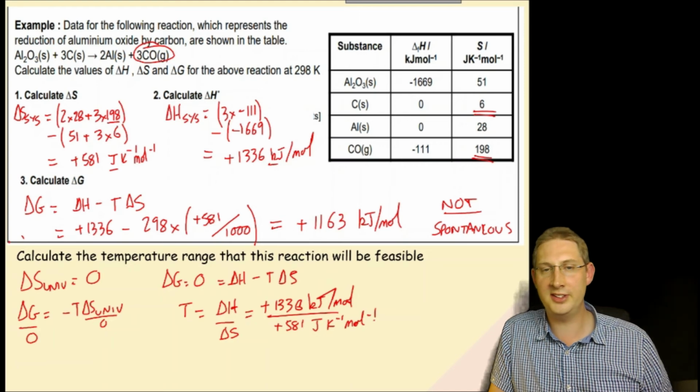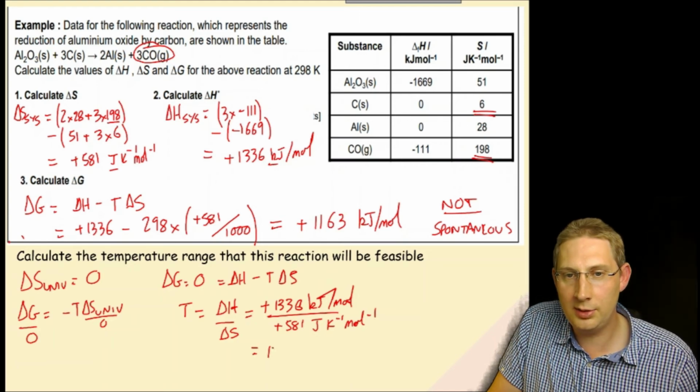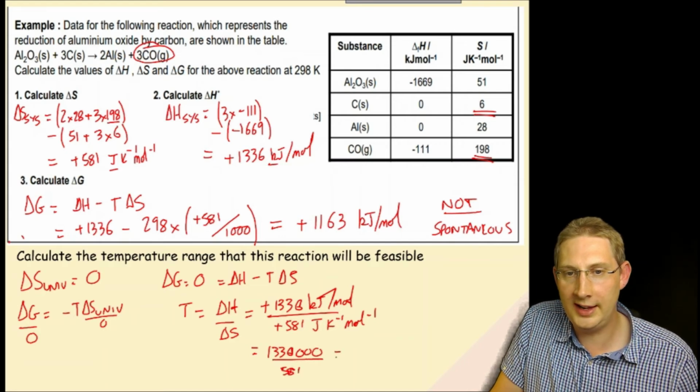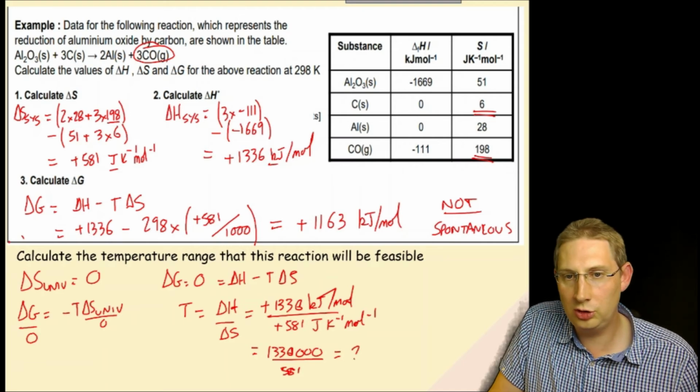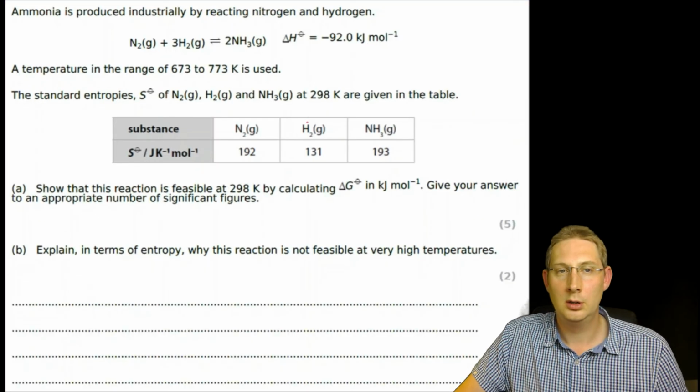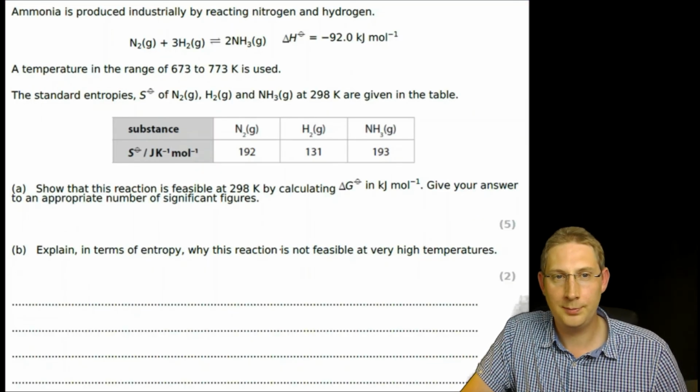So we need to make sure they're in the same units. So 1336,000 divided by 581, and that gives a temperature of 2299 Kelvin.